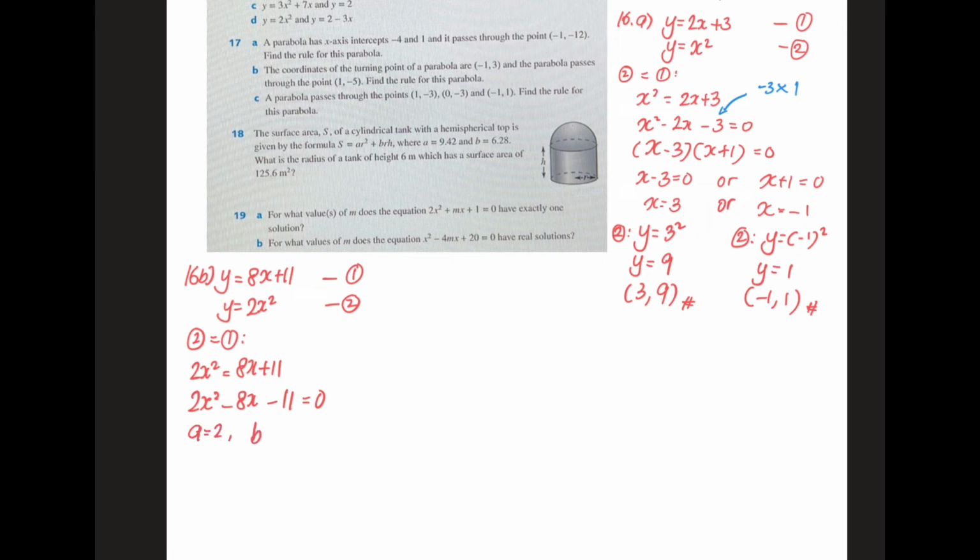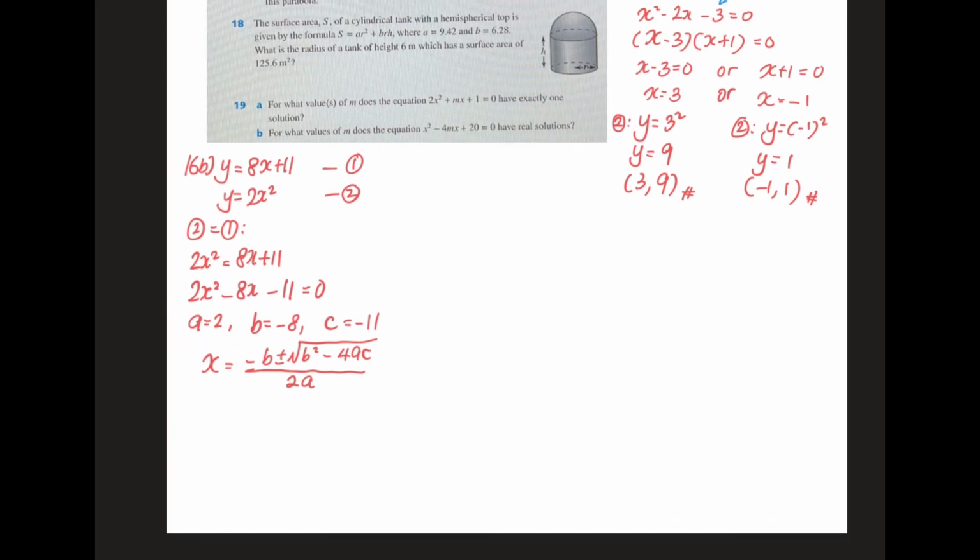Okay, so which means I have a equal to 2, b equal to minus 8, c equal to minus 11. So I have to use this formula, minus b plus minus square root of b squared minus 4ac over 2a.